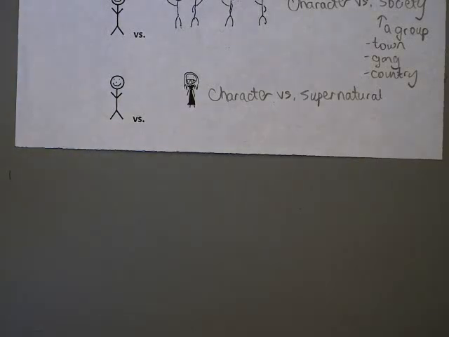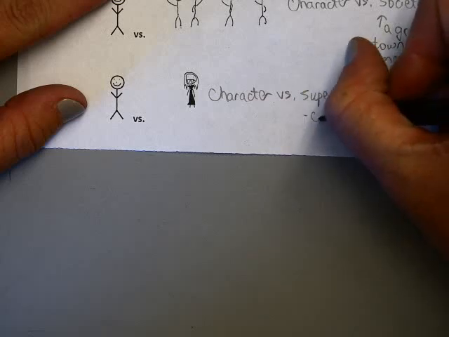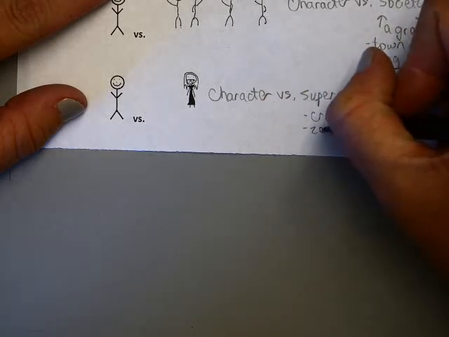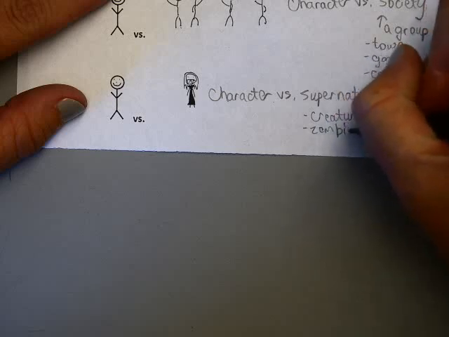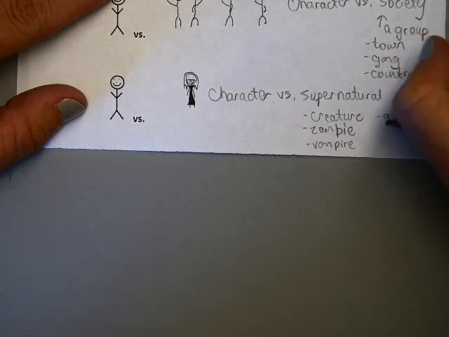So it's when we have our character versus something, and it could be as simple as a ghost. So supernatural is any type of creature, again, like a zombie, vampire, ghost, werewolf, fairy, any of the sort.